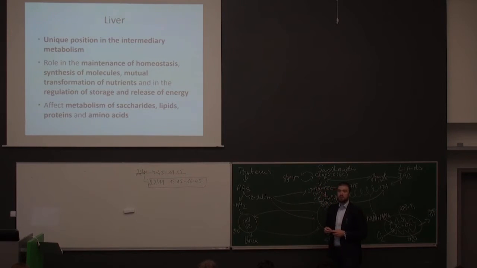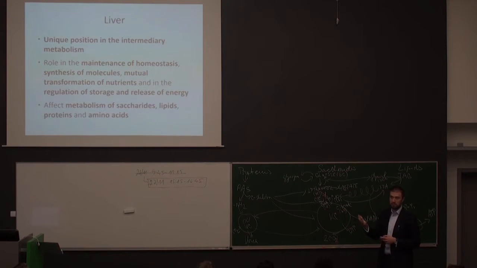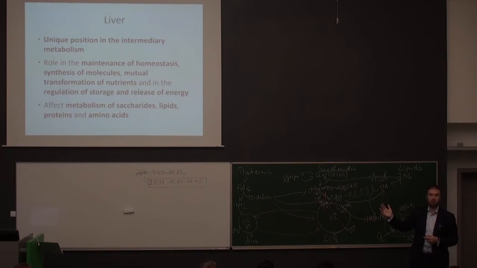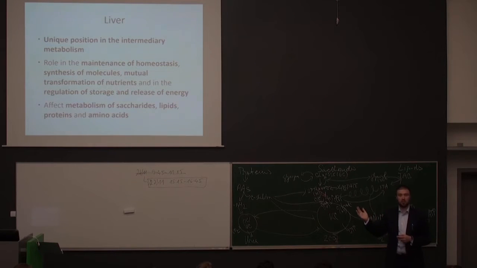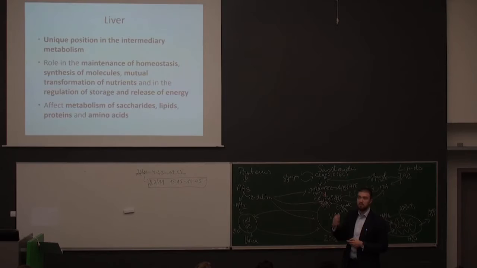You know that we have an artificial heart. It's called HeartMate. It's the thing that produces the continual flow of the blood. Of course, it's not ideal, but that's the main role of the heart, to pump the blood through your body. So this you can do for the heart, but here it's very difficult to say what's the main role of the liver inside the whole metabolism.